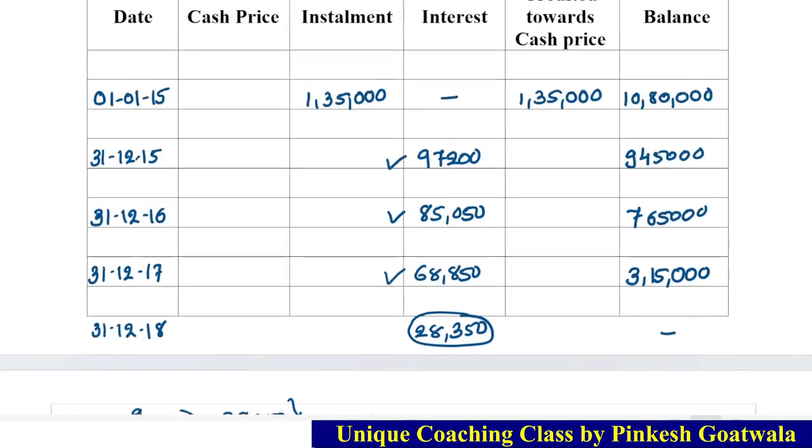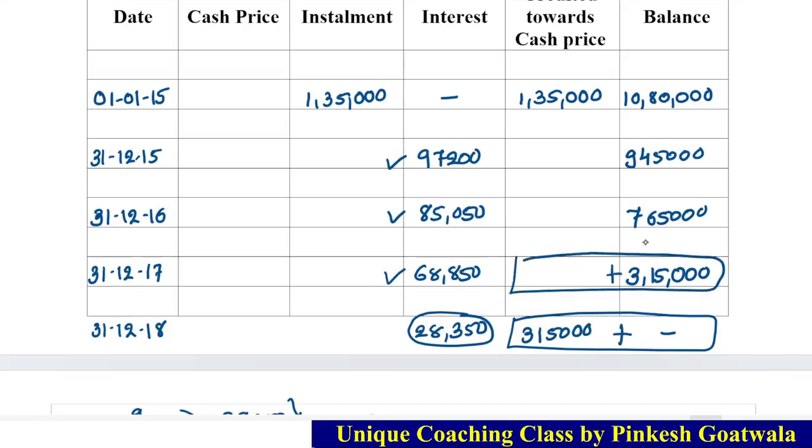Now next what? I just told you, what will we do with both? We will take the total. Here it is dash, so here the amount comes 3,15,000. Right? The same point, total of this. Okay, from the total 765 we will subtract 315, so here you will get 450.